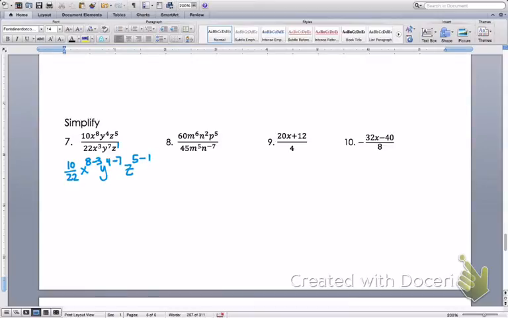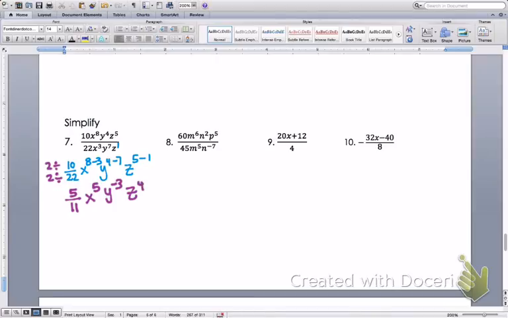All right, I'm going to reduce my fraction. I'm going to divide this by 2. That's going to give me 5 over 11, x to the 5, y to the negative 3, and z to the 4.